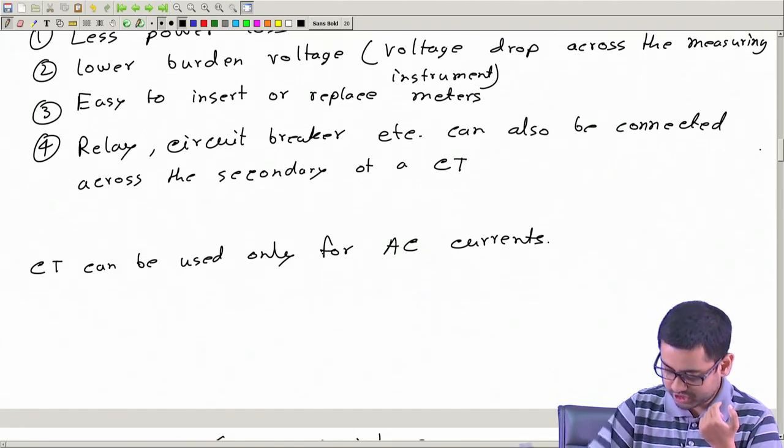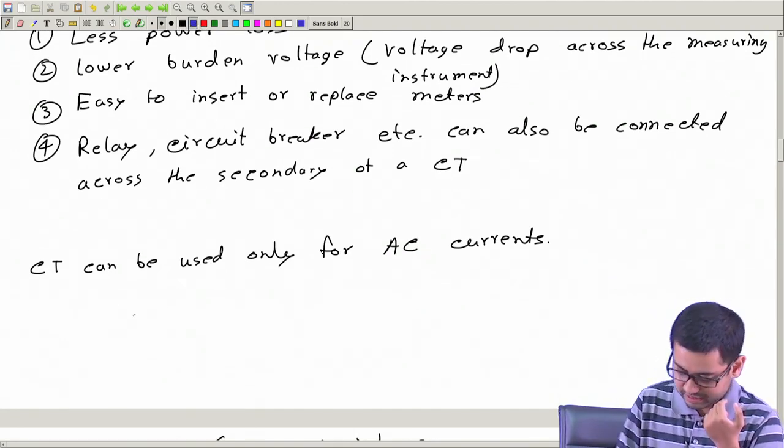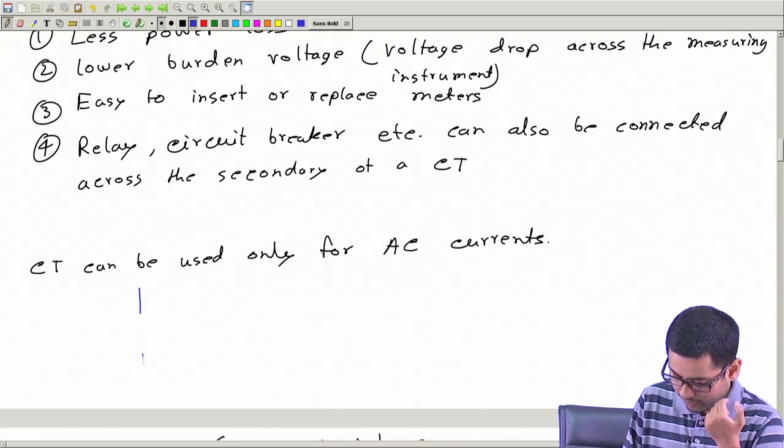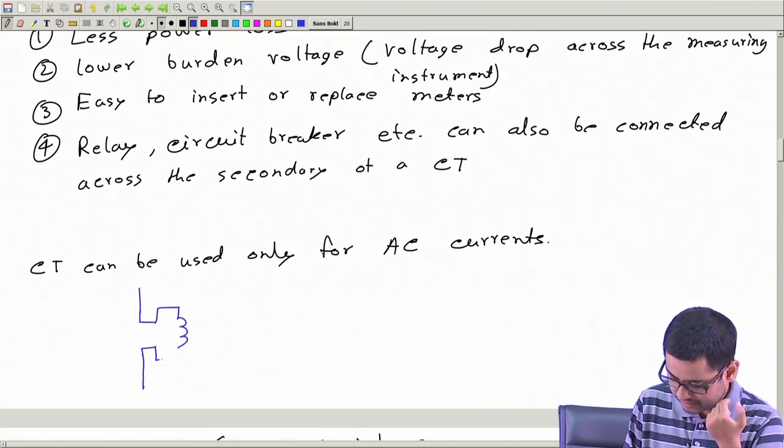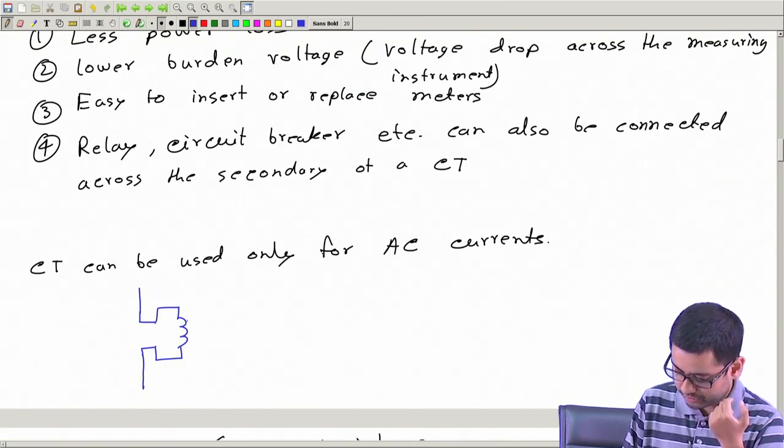Okay. So, it is possible that you connect it this way. So, if this is the power line, then let this be the primary side of the CT.